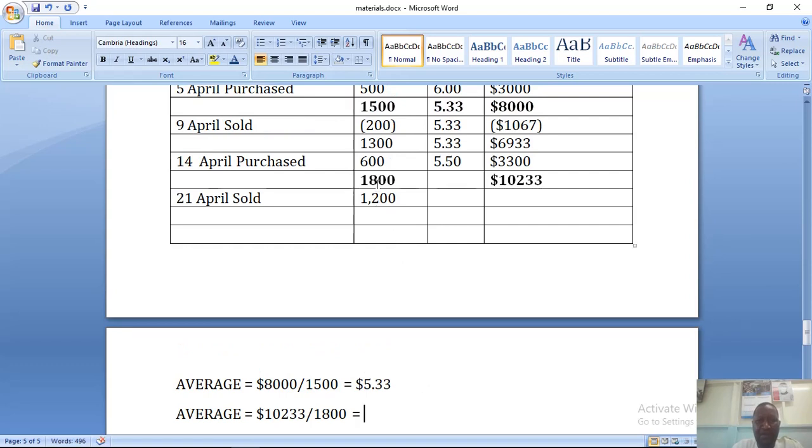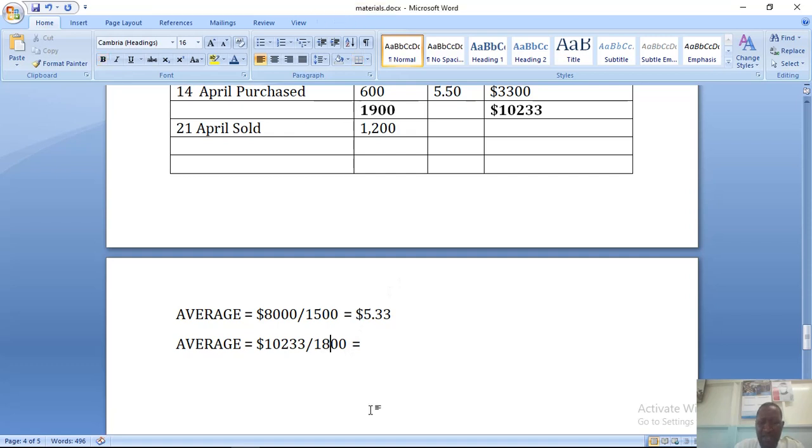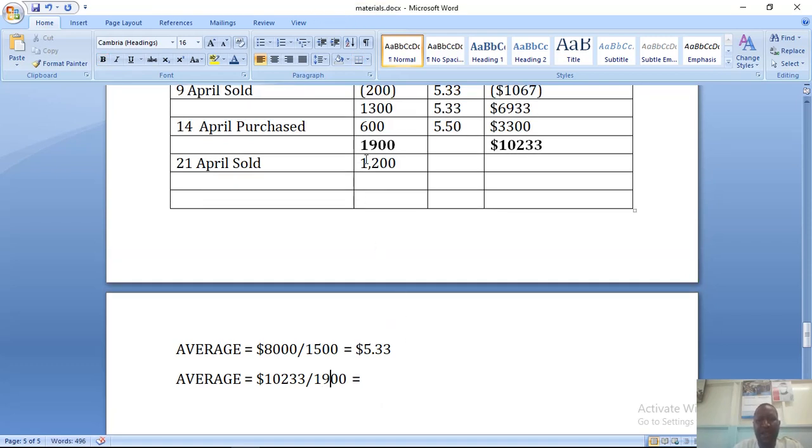Sorry, one mistake here. 1,300 plus 600 should be 1,900, not 1,800. So we have 1,900 units. Sorry for that. So when you divide 10,233 by 1,900, you have 5.386.